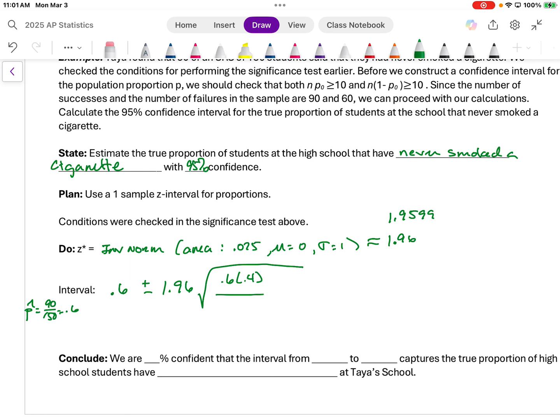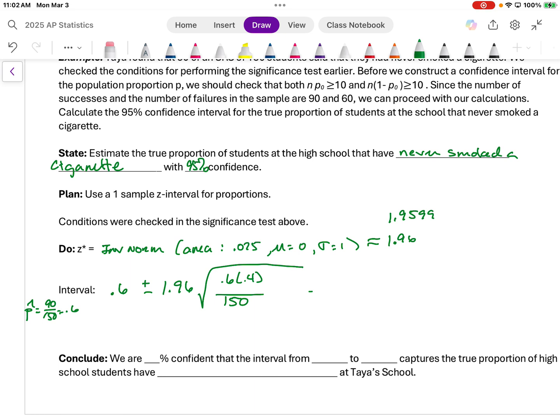So 0.6 times 0.4 over 150. Again, in the confidence interval we're using the P hat in there. In hypothesis testing, we're using the null P. That's why it gets so confusing.